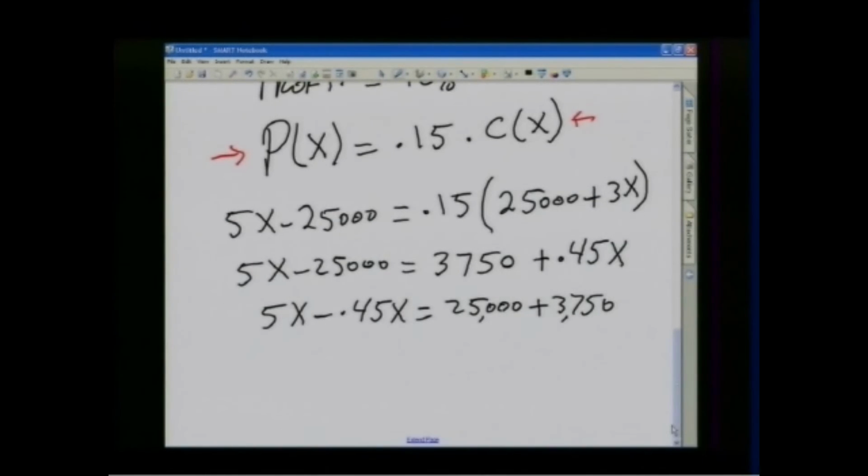So here we would have 4.55x equal to 28,750.